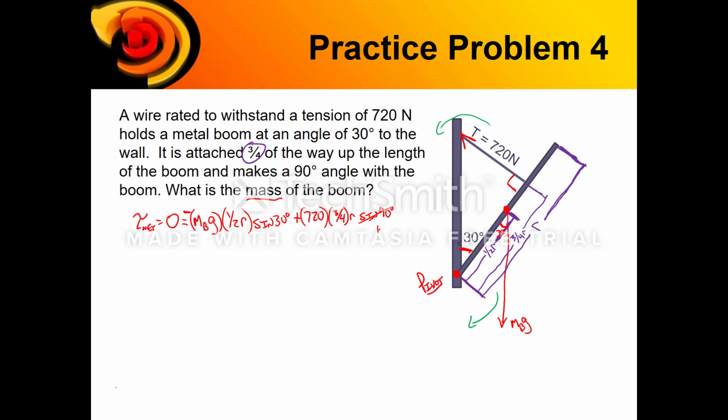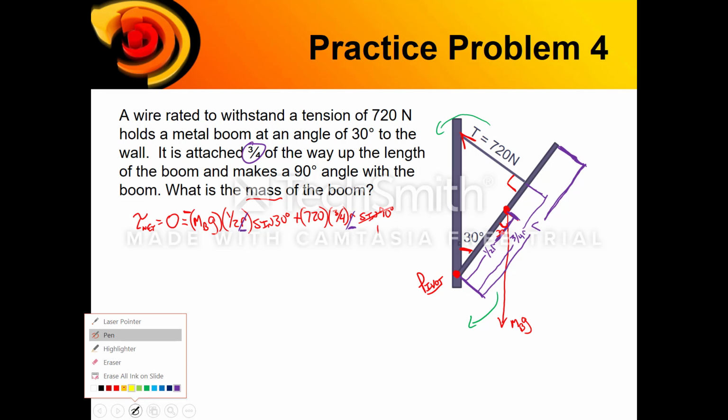If I start working with some numbers here, I notice that I've got an r in each one of my terms, so conveniently I can divide both terms by r, and that r is going to cancel out.